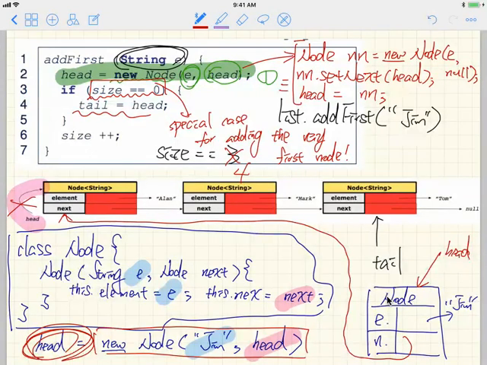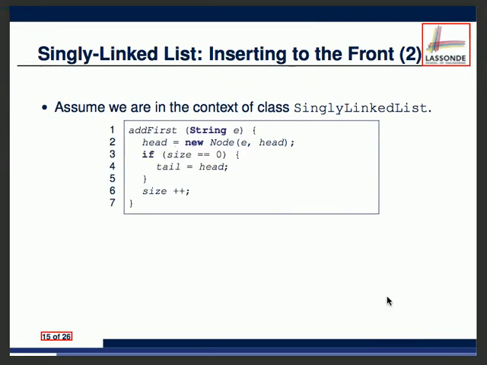Okay, now, next question. How efficient is this method? Well, complexity. Constant, linear, quadratic, exponential? Constant, right? Okay, good. But now think about how you would add first into an array. Linear, right? Assuming that the array has been filled up from indices 0 until the last.